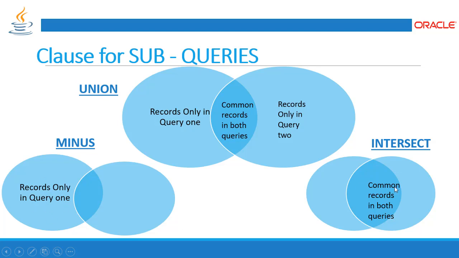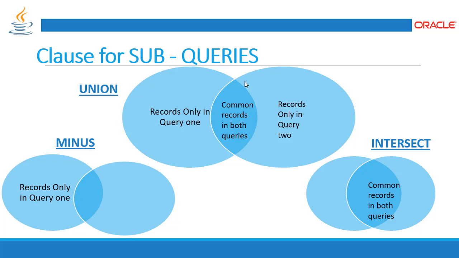And when it comes to intersect, it gives common records in both queries. As you can see, two circles are together and the part which is common is the intersect part. In minus we are subtracting records of one table from another, and in union you are merging, kind of an addition. And there are other operators, or you can say clauses, we can use.